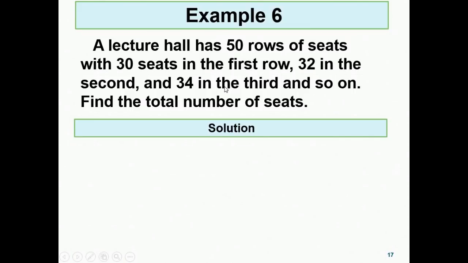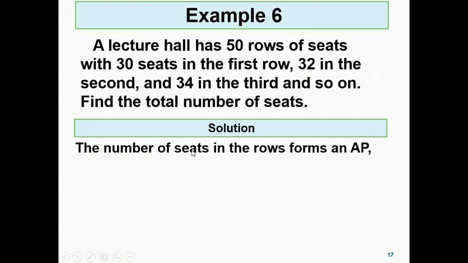Find the total number of seats. So the number of seats in a row is an arithmetic sequence or arithmetic progression, where the first row is 30, the second row is 32, the third row is 34, and so on.